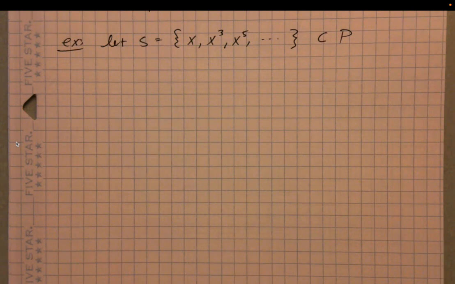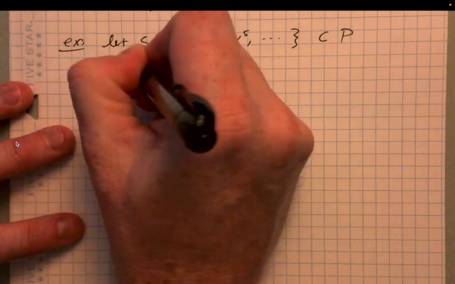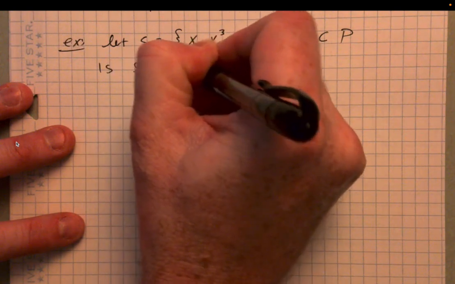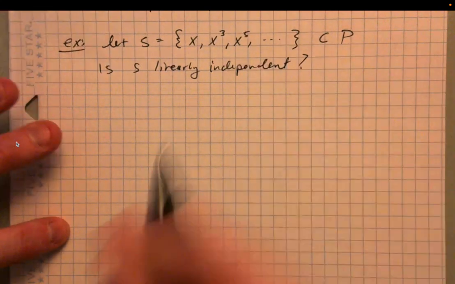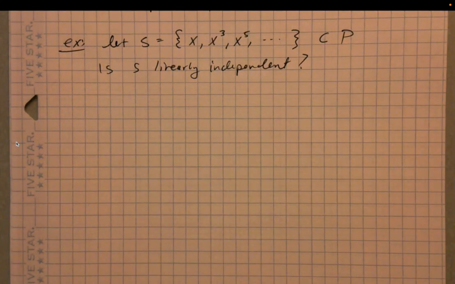So the question is, is S linearly independent? Are there any vectors in S that can be written as linear combinations of the other vectors in S?